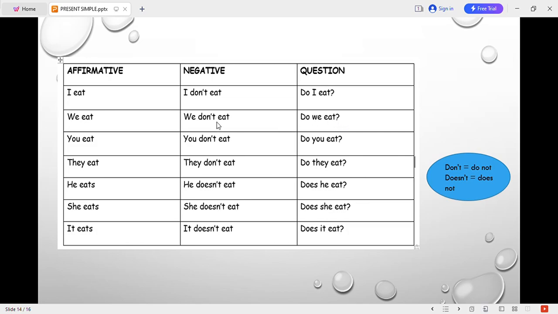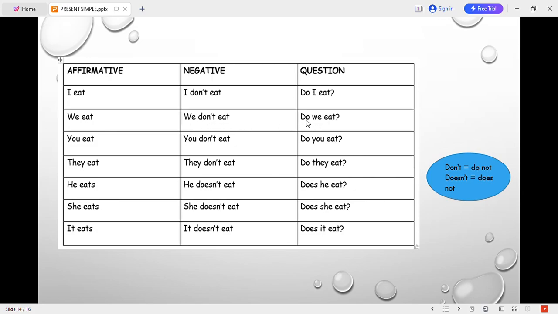In present simple, if we make a negative sentence or a question or interrogative sentence, we need a kind of helping verb. The helping verb for the plural subjects I, we, you, they is do. So if you make a negative sentence, the positive one is we eat, becoming we don't eat, we do not eat.